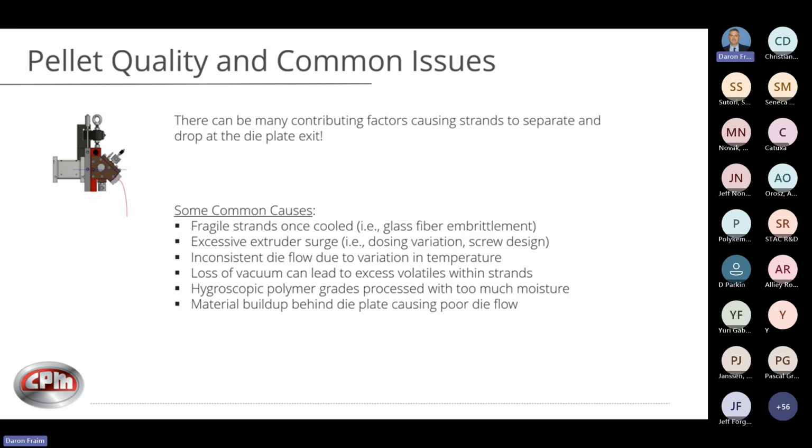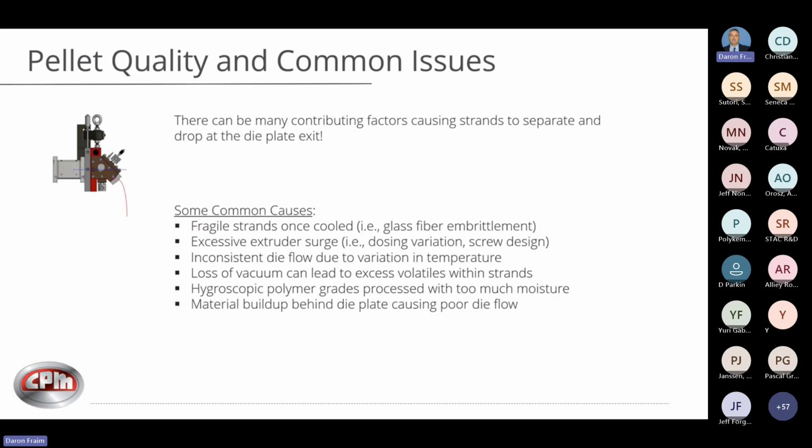If you're getting surging in the extruder, what happens when the extruder surges a little bit is you'll see those strands tend to fall back, or they'll drop, and your pelletizer, of course, is constantly pulling. So it's almost like a tug of war match with the extruder.